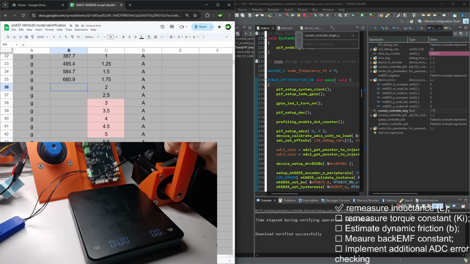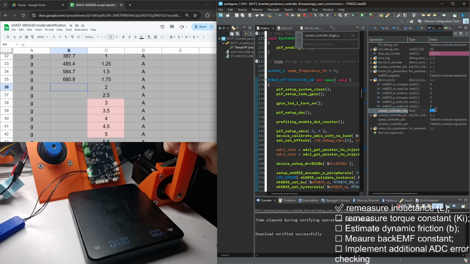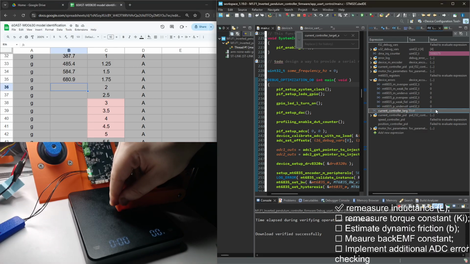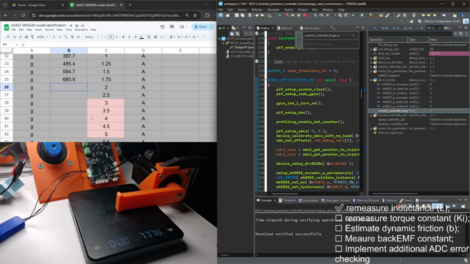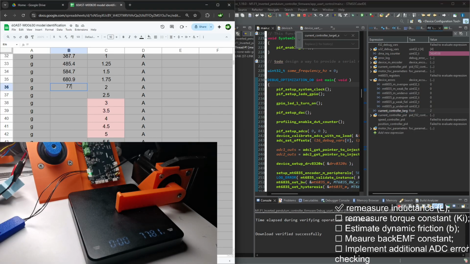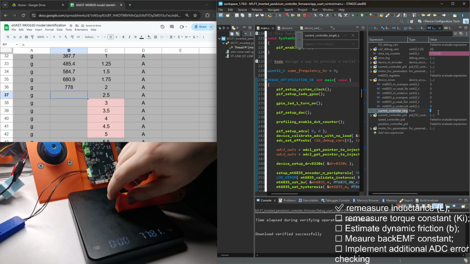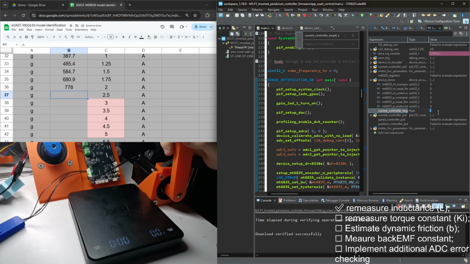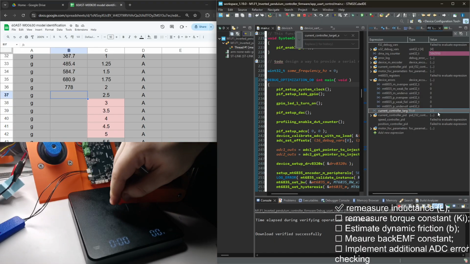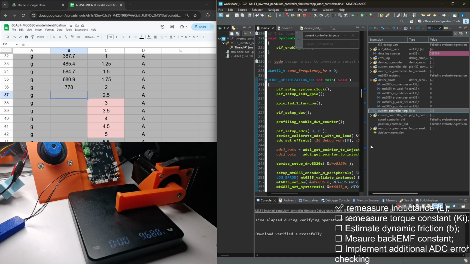2 amps. 2 amps should be a very nice current. 778. Good enough. Now we increase the step to 0.5. Okay. Put it lightly.